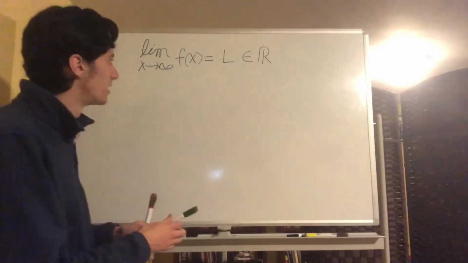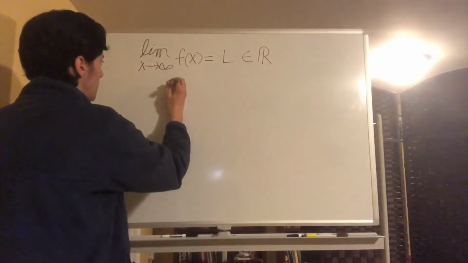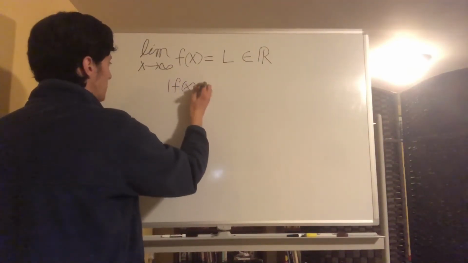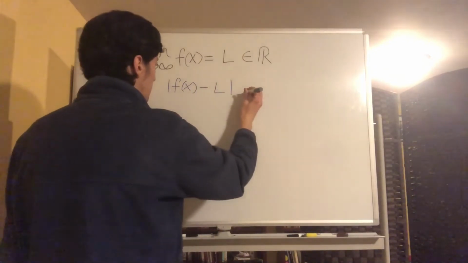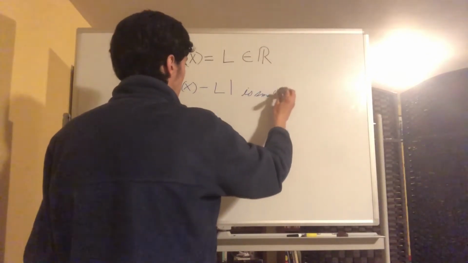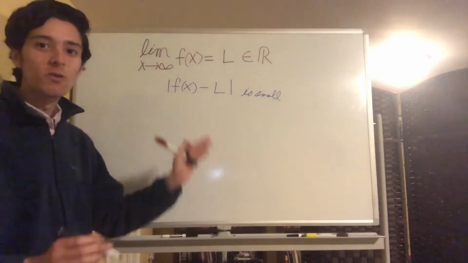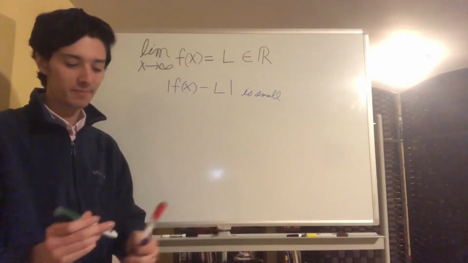Well, we say that the absolute value of f of x minus L is small, where the absolute value of f of x minus L represents the distance between f of x and L.